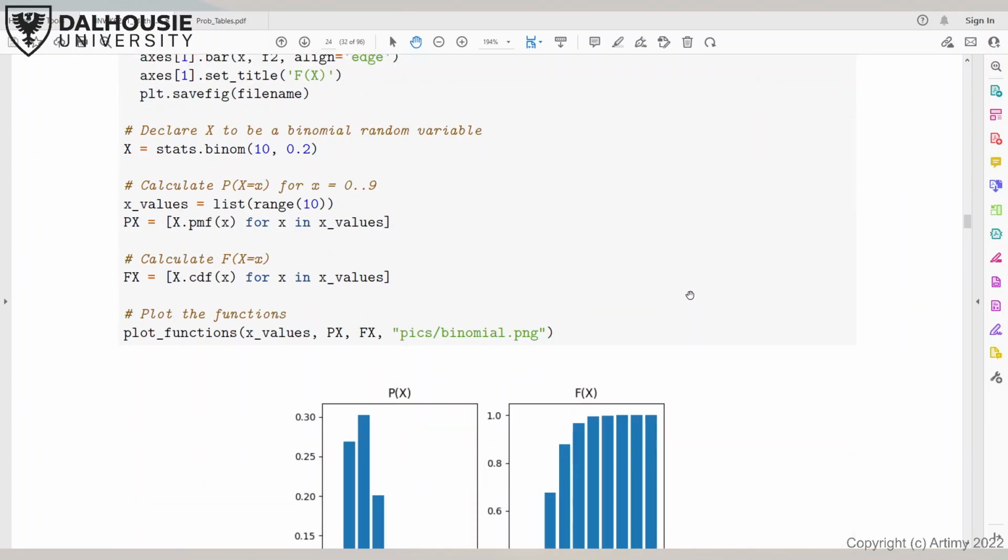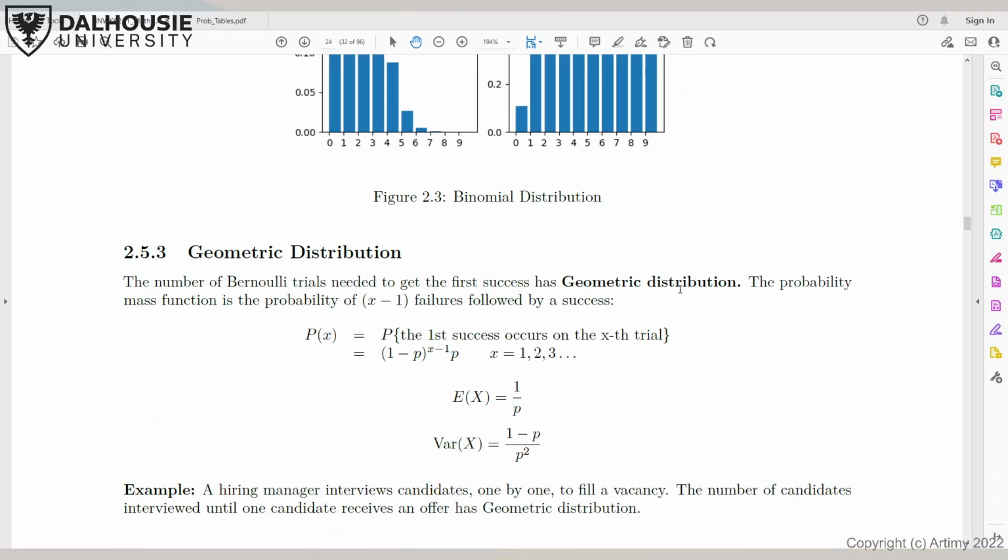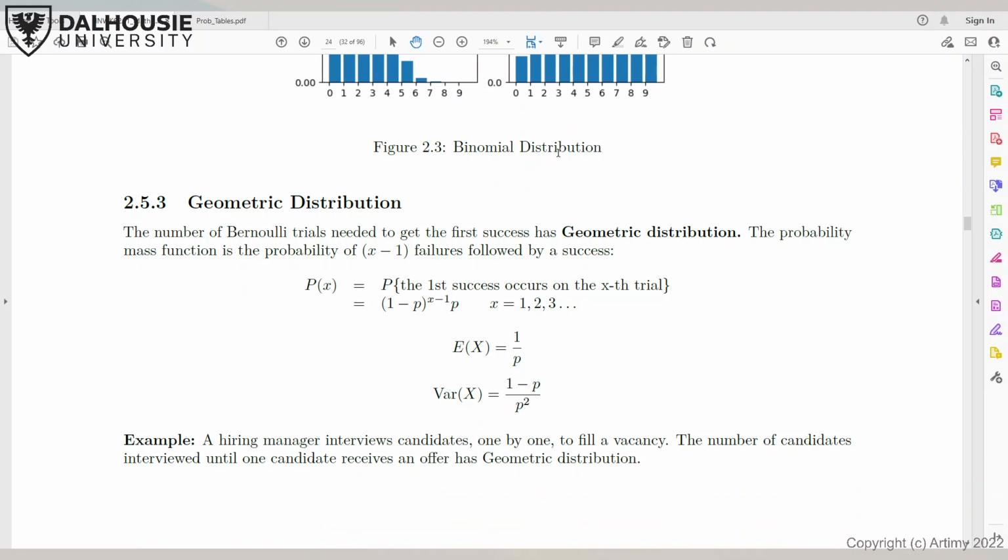There are a lot of applications for the binomial, so many of them. You will encounter it a lot. Our next distribution is geometric.